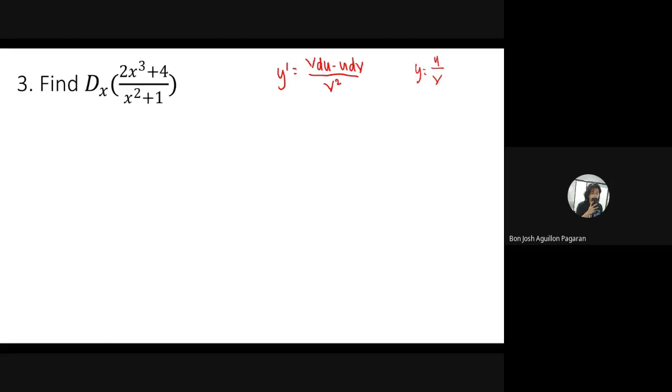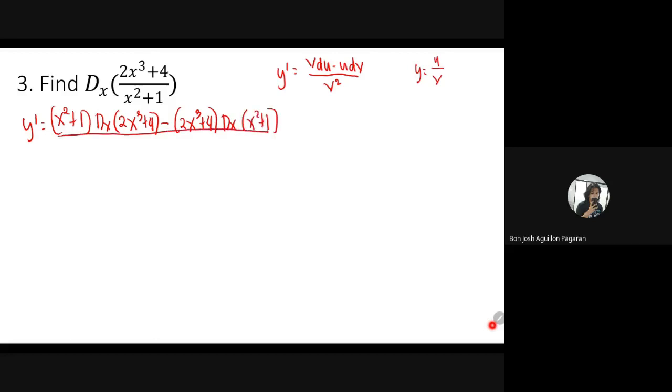So, we have now the y prime here is equal to denominator times the derivative of the numerator minus the numerator multiplied by the derivative of the denominator all over denominator squared.